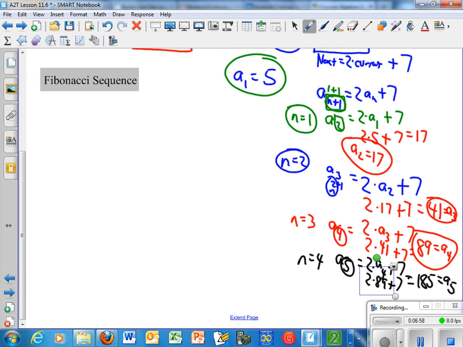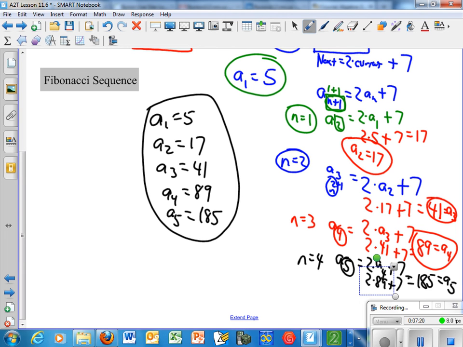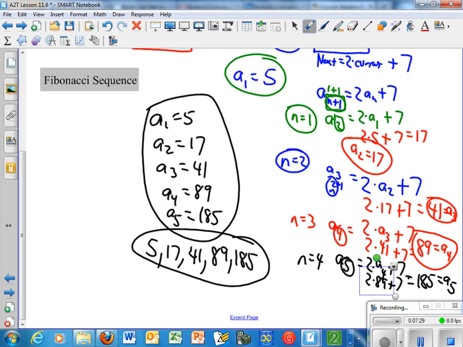So the first 5 terms: A1 is 5, A2 is 17, A3 was 41, A4 is 89, and A5 is 185. You can either write them like that, or if you want to do 5, 17, 41, 89, 185, write them with commas in between. Either way is acceptable.